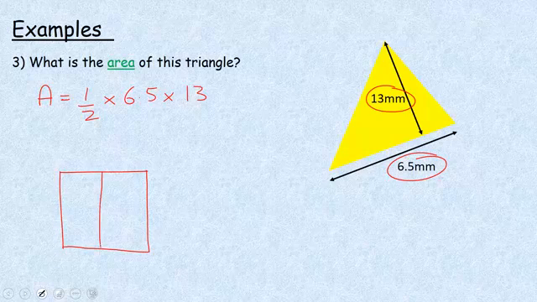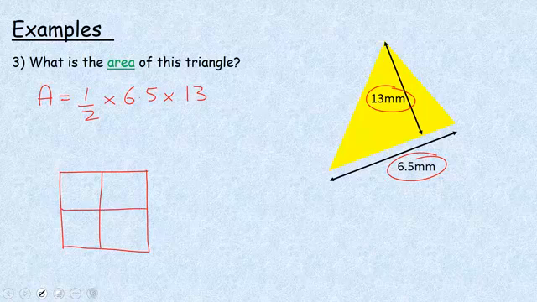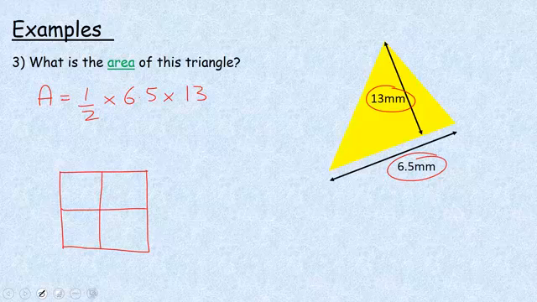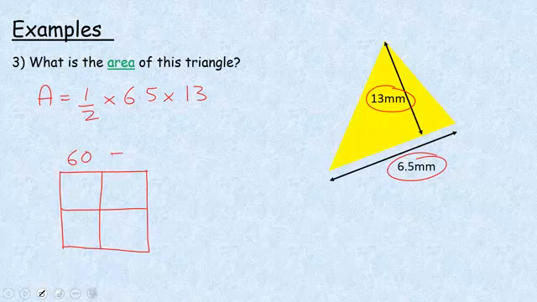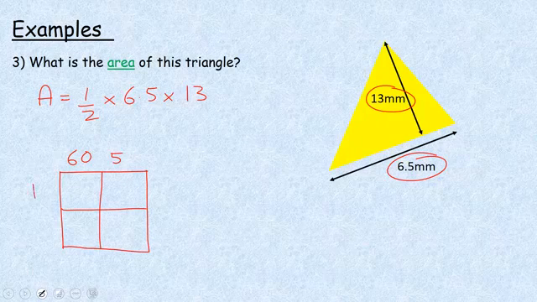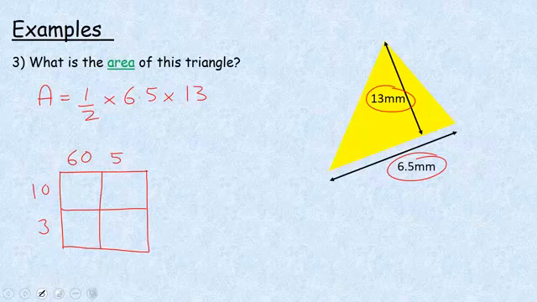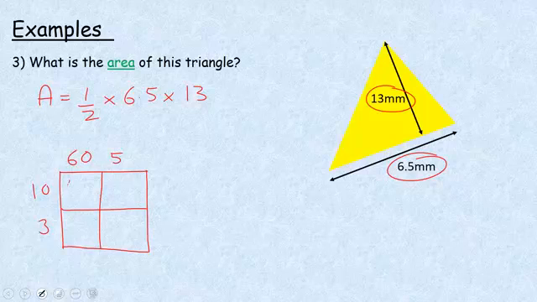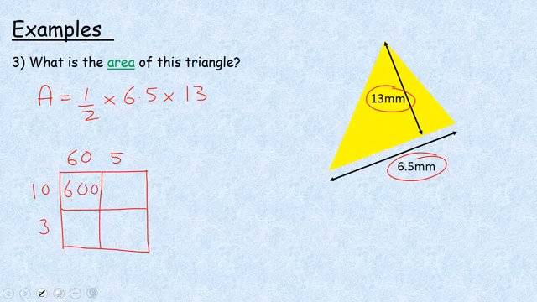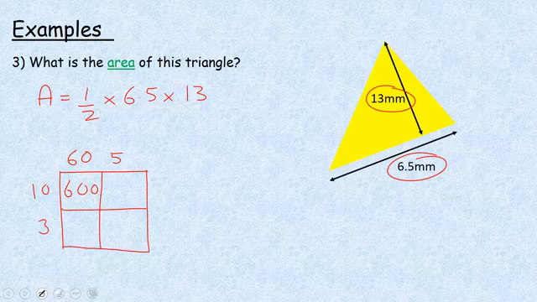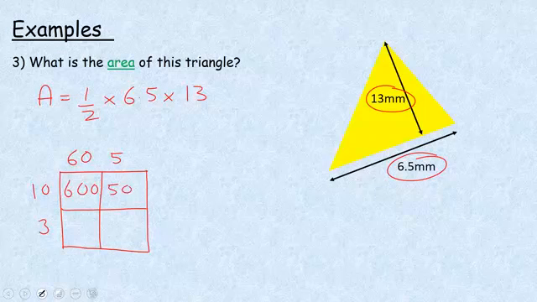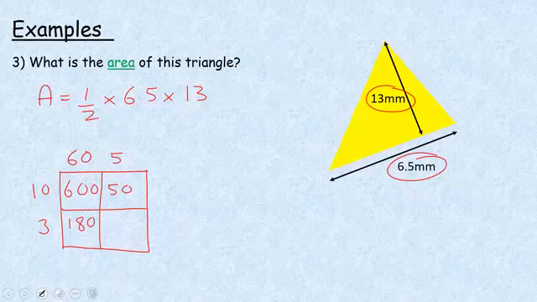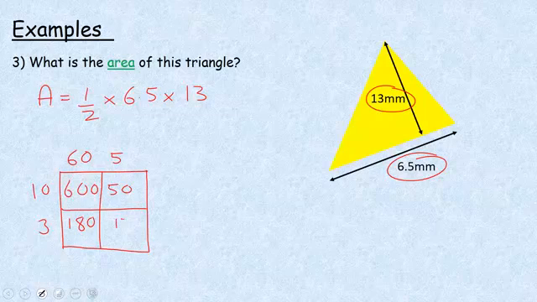For this part, we forget about the decimal and we partition that 6.5, we call it 65 and partition it into 60 and 5, and the 13 becomes 10 and 3. And then this makes our job a lot easier. We know 1 times 6 is 6 with 2 zeros. 1 times 5 is 5 with 1 zero. 3 times 6 is 18, add 1 zero, and then 3 times 5 is 15.